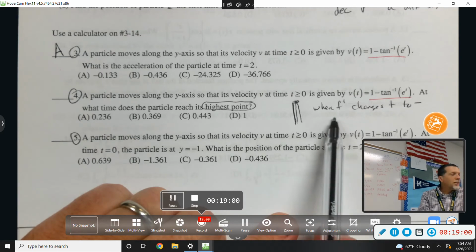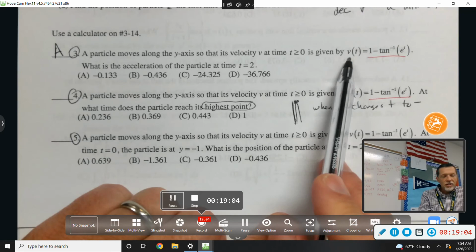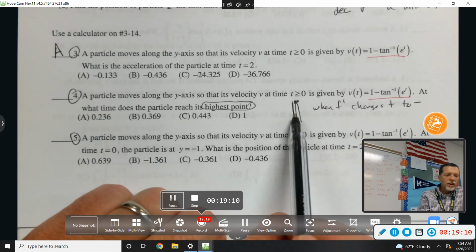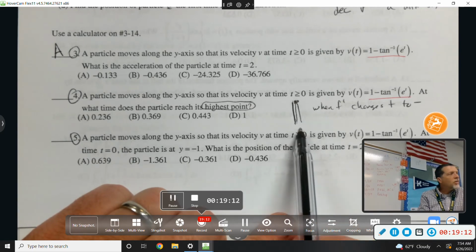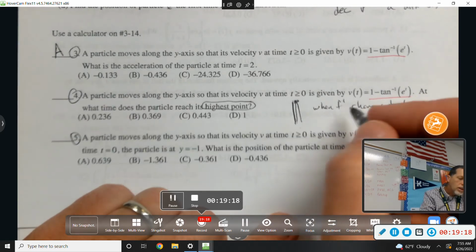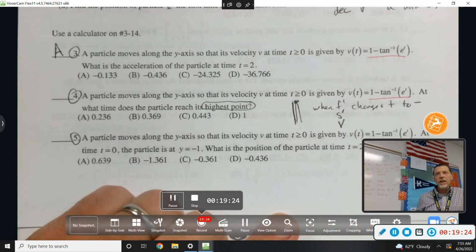So here's where we need to be careful. Is that acceleration? Acceleration is the derivative of velocity, that's true. But for its highest point, think about what's happening. It's moving up, and then it's moving down. So that means its position is changing direction. It's when s prime, or position prime, changes, which means when the velocity changes from positive to negative.